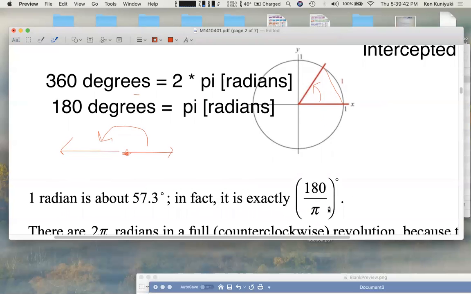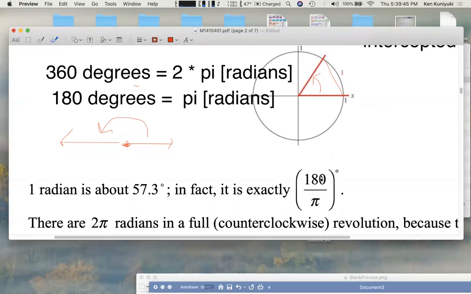Look at this thing over here. 180 degrees, you can bring this inside here. 180 degrees over pi radians, that's the assumed measure in here. That's going to be 1. So 180 degrees over pi. You don't have to worry about the idea of a quotient to a power here. That's not what's happening.